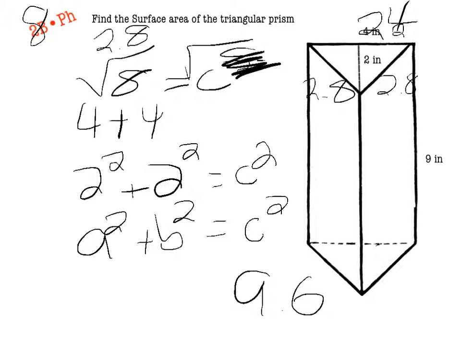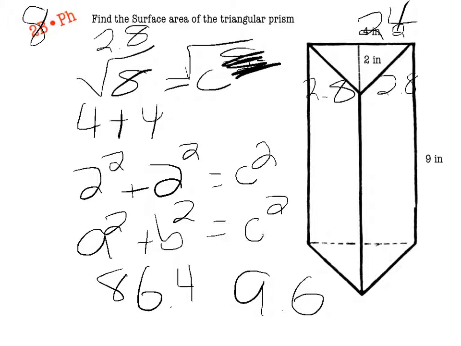Now we need to multiply 9.6 times 9, since 9 is our height. 9.6 times 9 would be 86.4.